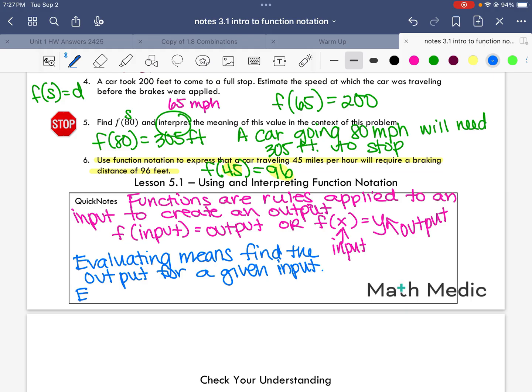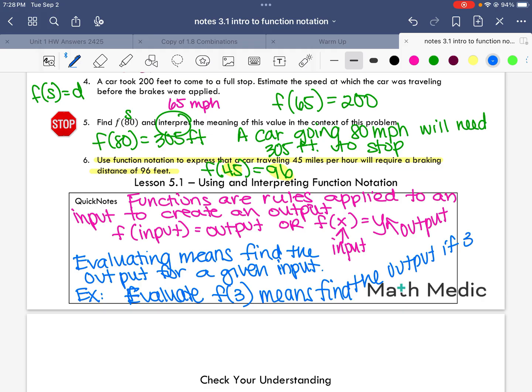I'm just going to make an example here. Let me say evaluate or find f of 3 means find the output if 3 is the input.